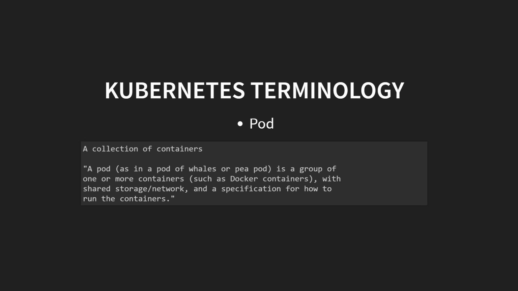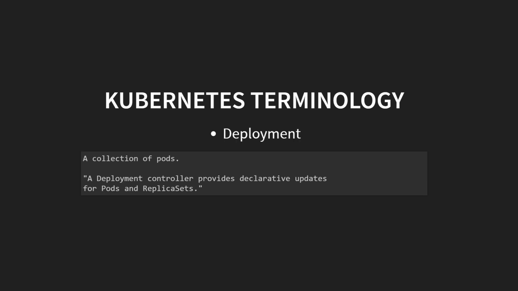Usually, we never deal directly with pods themselves. However, we do deal with deployments. A deployment is a collection of pods. And a deployment is a declarative way in which we specify how we want our pods to be deployed. And then the cluster takes care to satisfy those requirements.